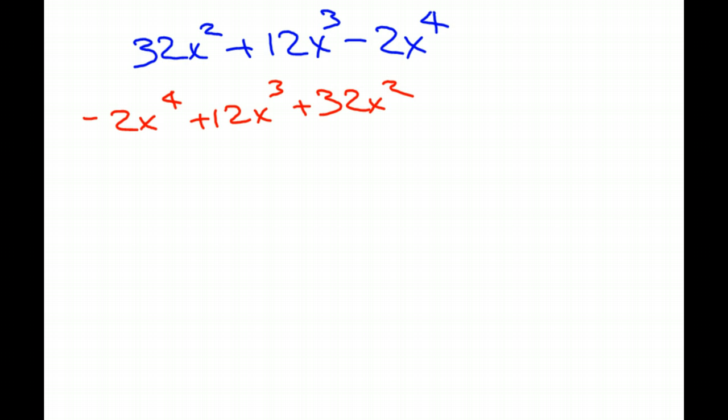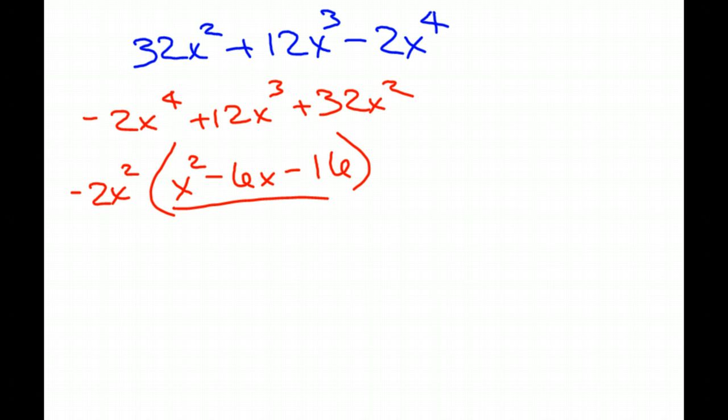Negative 2x squared, leaving me with x squared plus 6x minus 16.